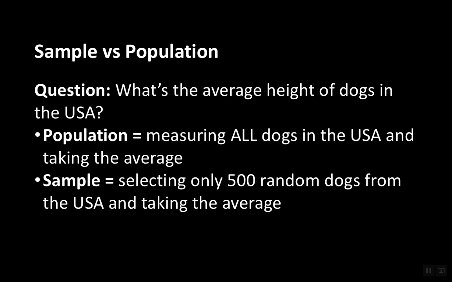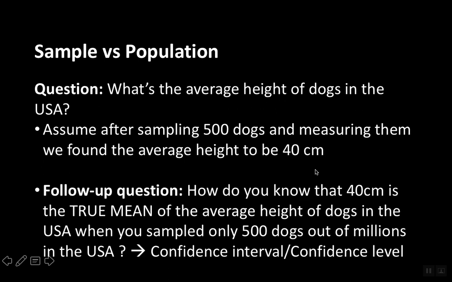Let's say you wanted to know what is the most common favorite color of everybody in the United States, right? It's impossible, so you take a sample of that. So here we select only 500 random dogs from the United States and take the average, and that will be your sample. Pretty straightforward, right?